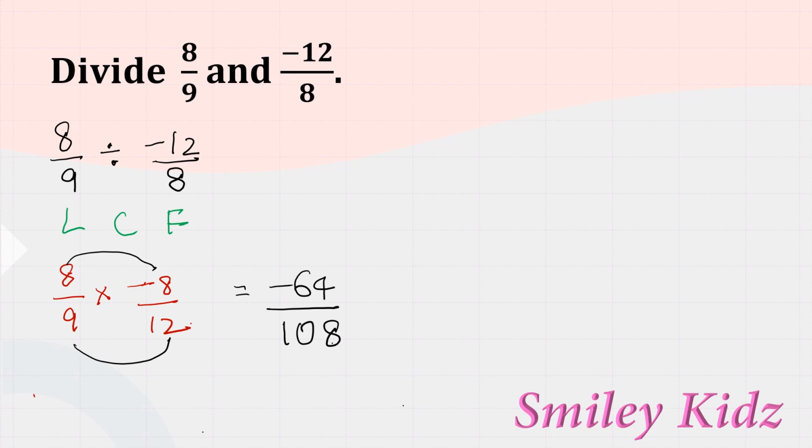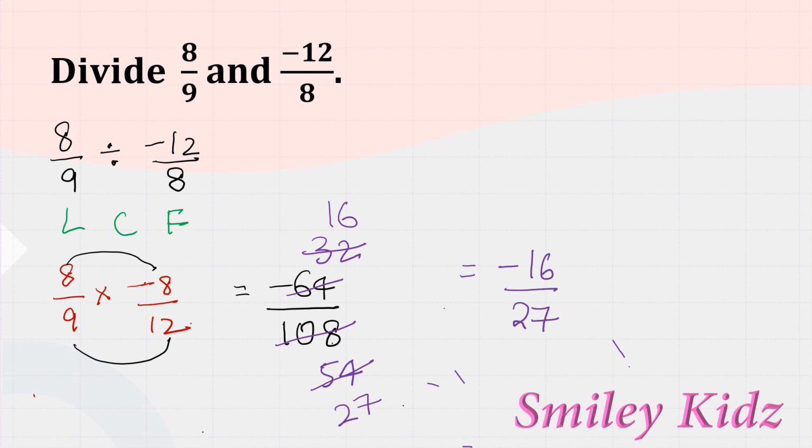And this is not the final answer. We can simplify it further. 2 times 32, right? 2 times 54. 2 times 16, 2 times 27, which will be equal to minus 16 by 27. Therefore, when we divide 8 by 9 and minus 12 by 8, we get the solution as minus 16 by 27.